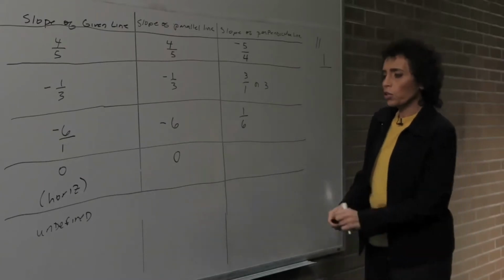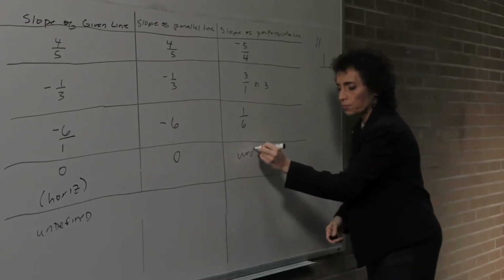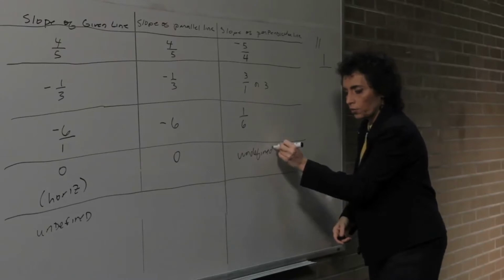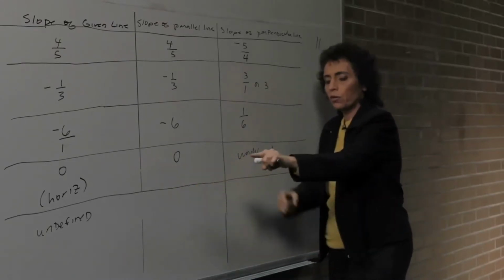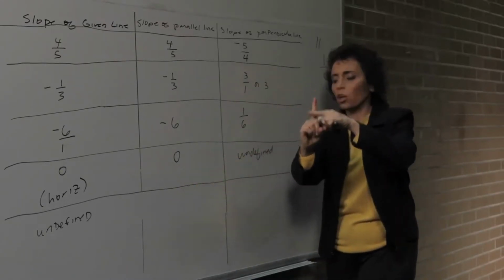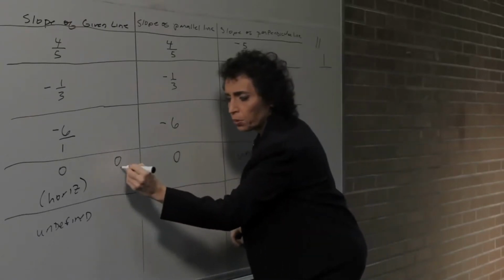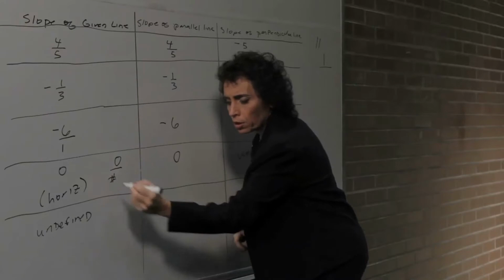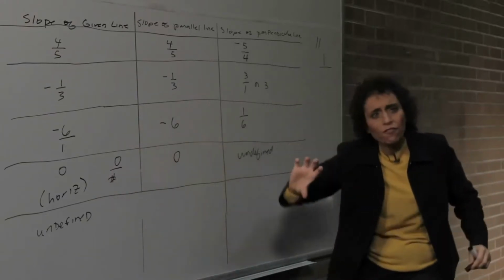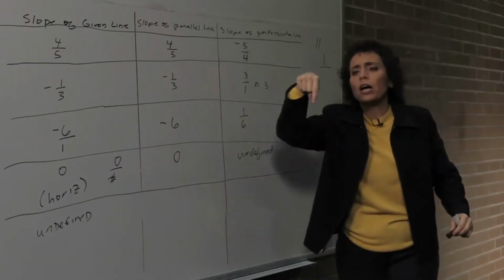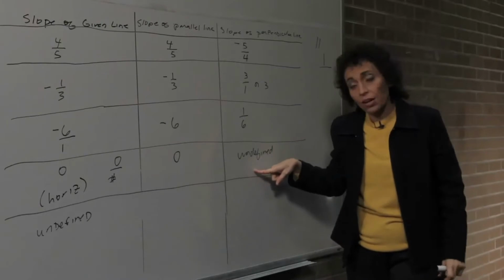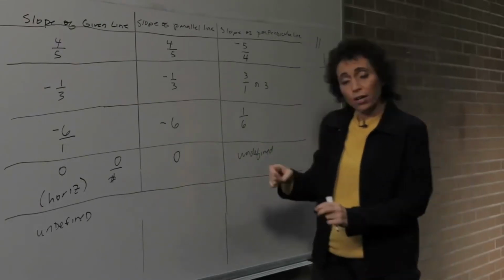So vertical lines have undefined slopes. This is a horizontal line, 0. This is a vertical line, undefined slope. So that's one reason that's undefined. The other reason is I could put 0 over any number and still be 0. When I flip that, the 0's on the bottom, making it undefined. So that's the algebraic reason.